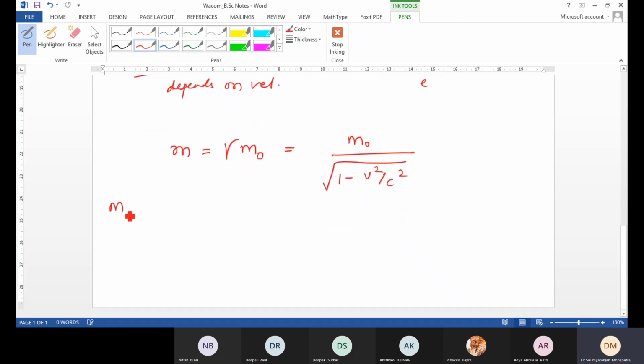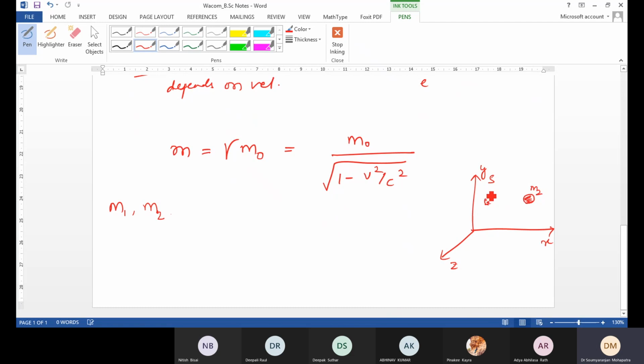let's say for an example I'm giving, they are now in the S frame of reference, and this is the mass, and this is another mass.